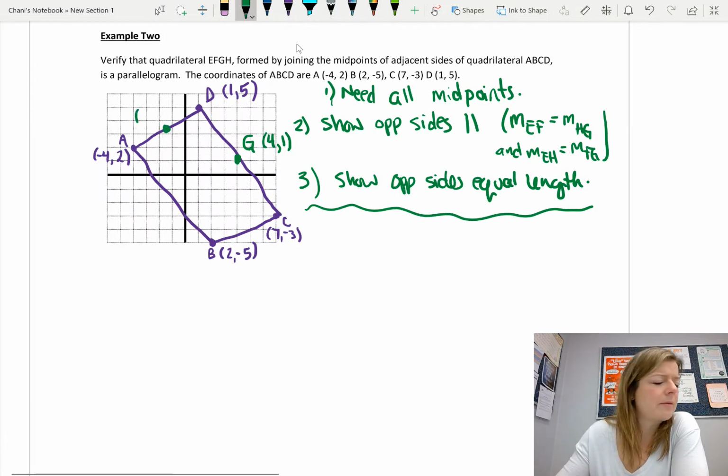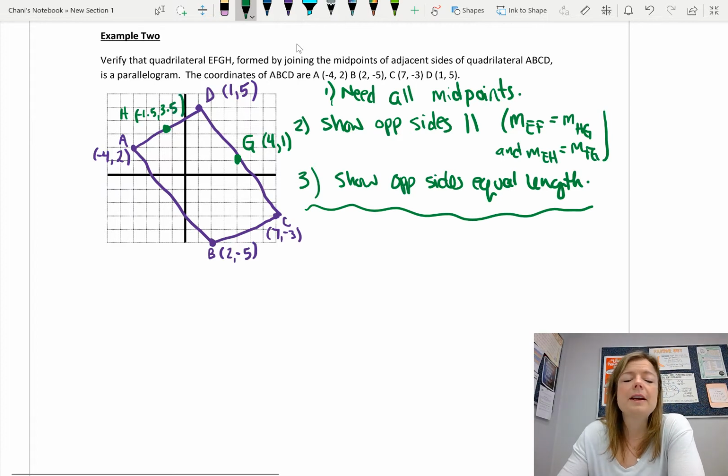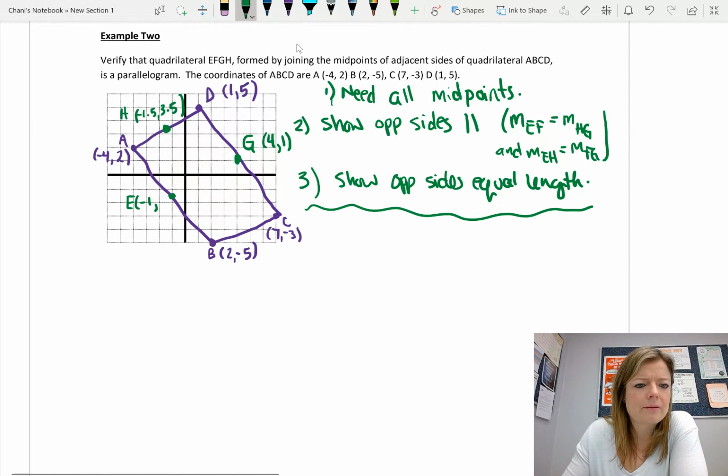Now, I am going to say that it is okay to use decimals if you want, only because they're 0.5s. 0.5s are okay because those are exact decimals, but something like a third wouldn't be, because a third just estimates to 0.33. It's not perfect. So this E is -1, -1.5.